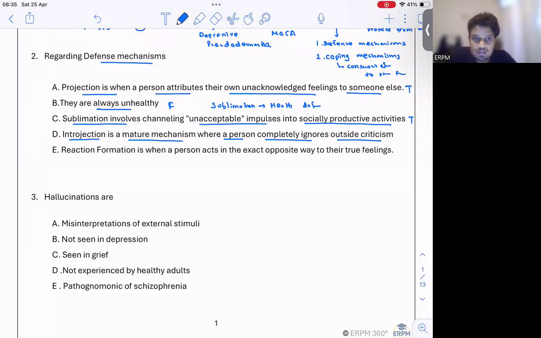For example, the person internalizes attributes of a teacher he loves. So he takes up values or attributes of a person he loves. Those attributes and values can be either good or bad, depending on the person. A person completely ignoring outside criticism is false. This is taking up values of a person he respects.